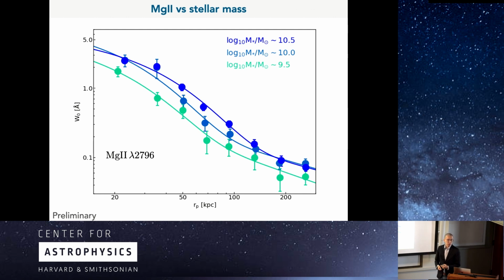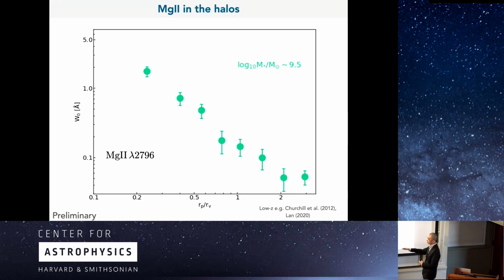But now, the x-axis is currently in physical space, and we know that galaxies live in different halos. Small galaxies live in small halos, massive galaxies live in large halos. So we can try to normalize the x-axis by the virial radius of dark matter halos and revisit this plot. So now I'm changing the x-axis. Now this is the impact parameter divided by the virial radius.